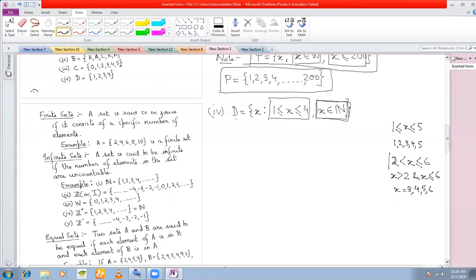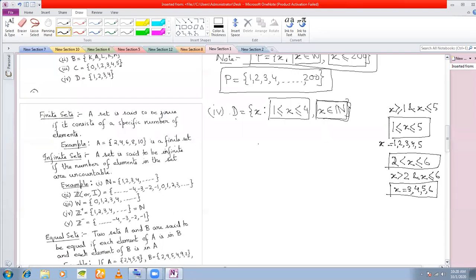So when I write 1 less than or equal to X less than or equal to 5, it means X is greater than or equal to 1 and X is less than or equal to 5. So X is equal to 1, 2, 3, 4, 5.